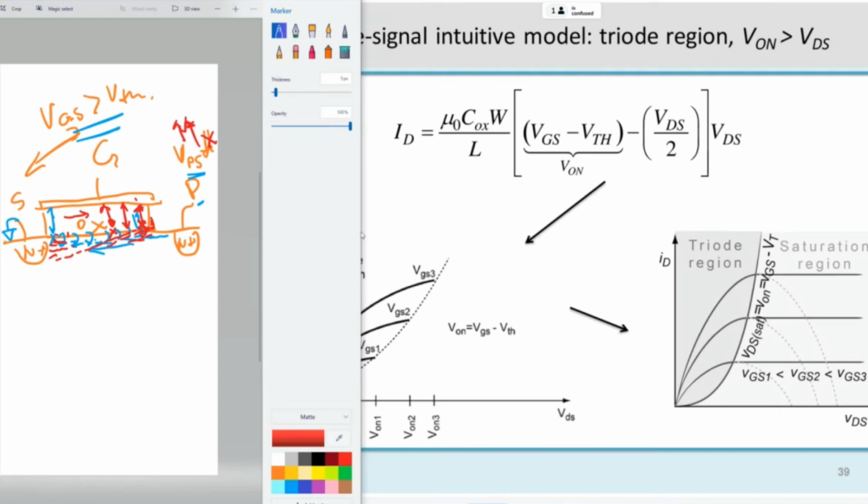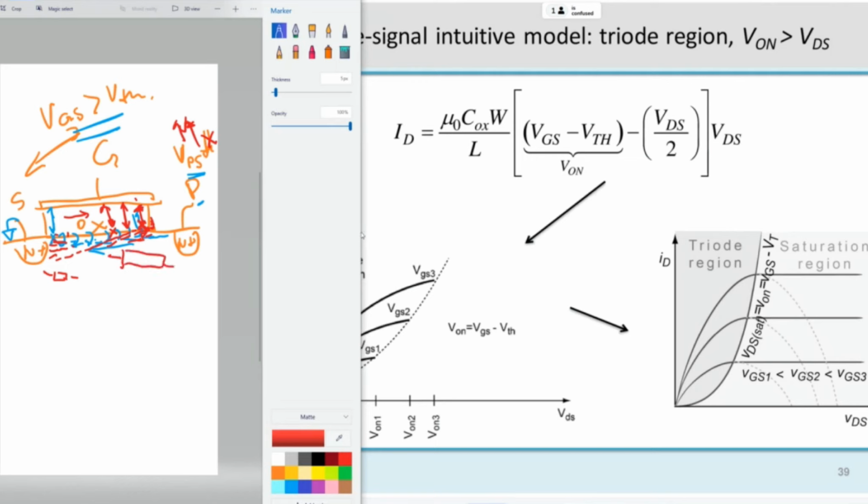What does it mean, density of charges? I'll have basically less carriers. And if I have less carriers, this means that the conductivity decreases, or the resistivity of the channel increases, which means that here, for example, I have low resistivity, small resistor, and here in this part of the channel I have bigger resistivity.